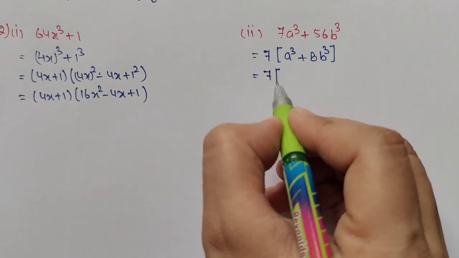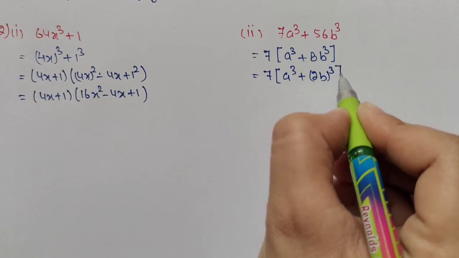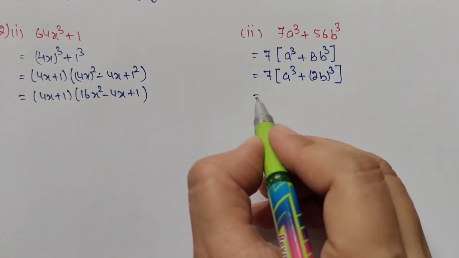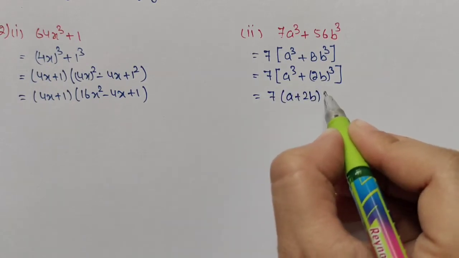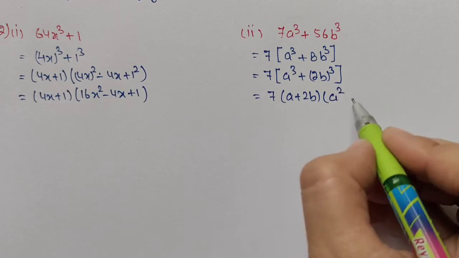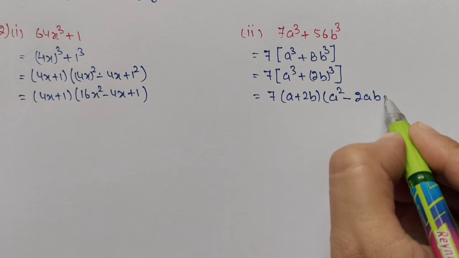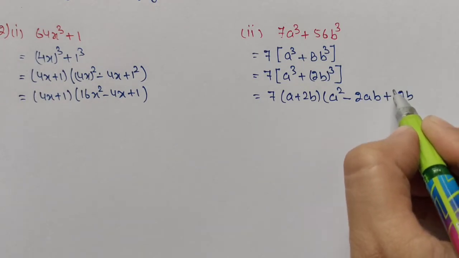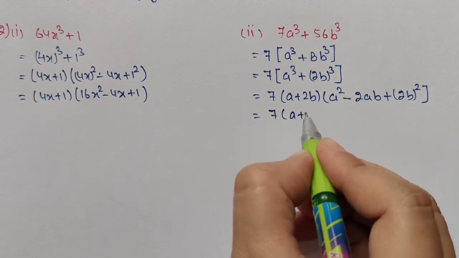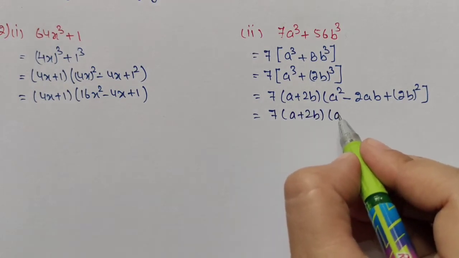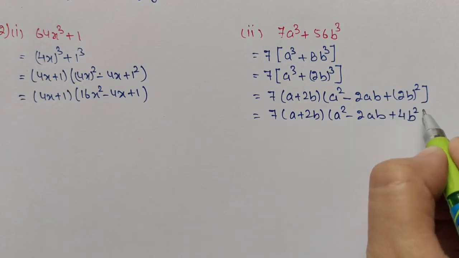We can write it as a cube plus (2b) whole cube, and we will apply the formula now. 7 into (a plus 2b), then a square minus this into this, 2ab, plus b square means (2b) whole square. So 7 (a plus 2b), and here we will get (a square minus 2ab plus 4b square).